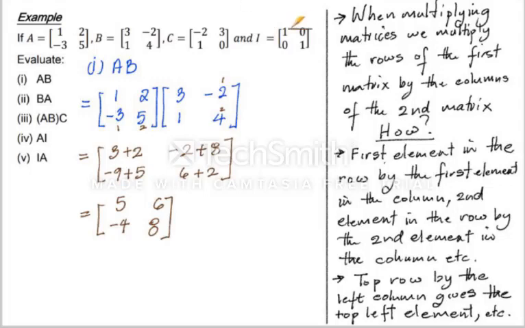So like here, the diagonal elements are ones. So I is an identity matrix.